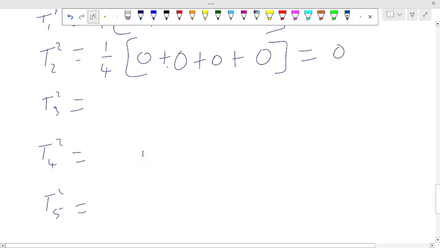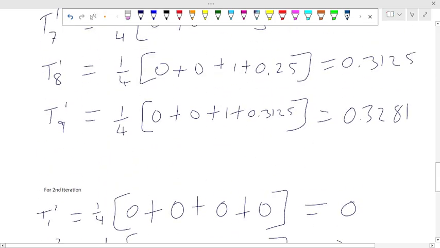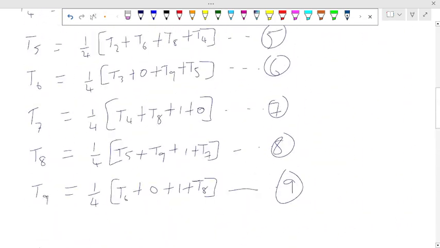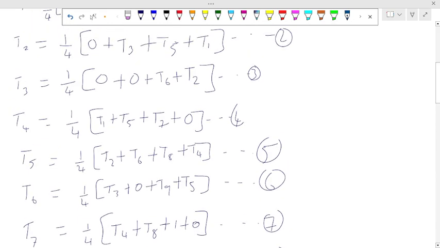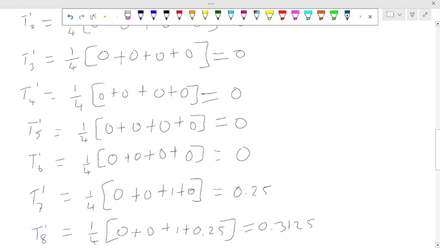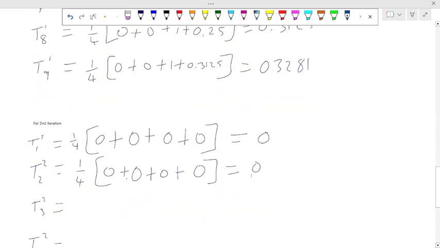T3, I'm going to do this with you. T3, let's go and check again. Equation 3. 0. Oh, I think I made one mistake there. Yeah, I'm correct now. But this is 0 0 0 0, which is correct, because this one here is 0 in the formula in equation 2.